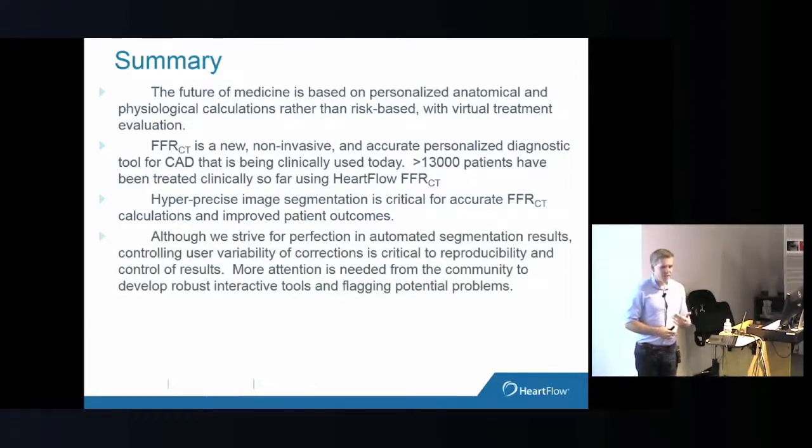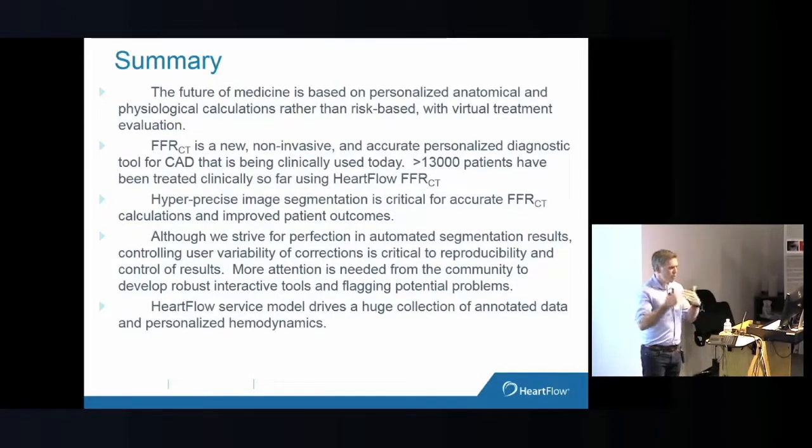One of the areas where I think the community of people working in image analysis is sort of underserved the scientific community is in good interactive tools to try to help standardize how interactions are made and how those results can be edited quickly and in a reasonable way. So I think more attention is needed from the community to develop those tools.